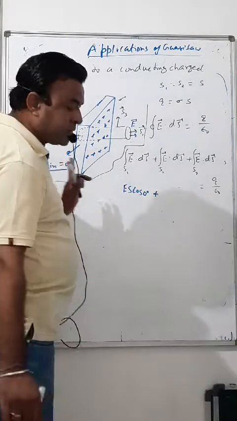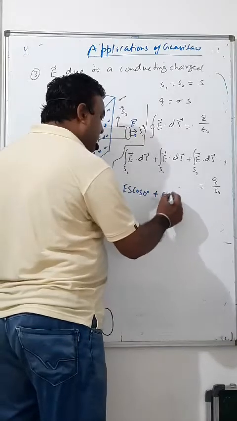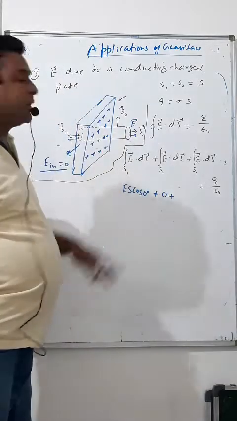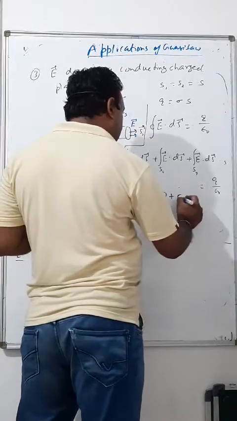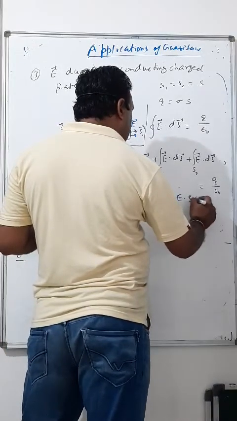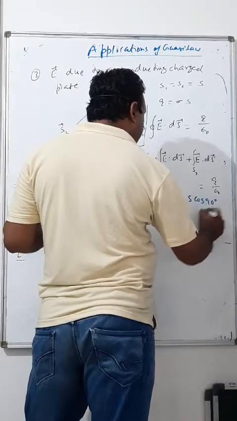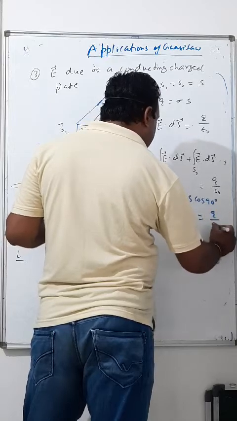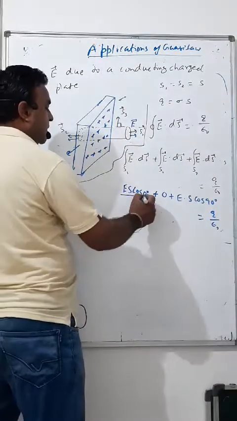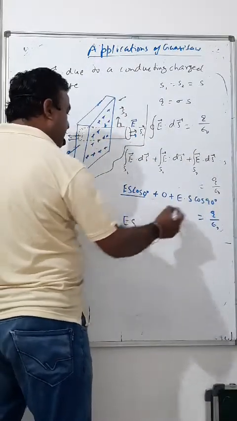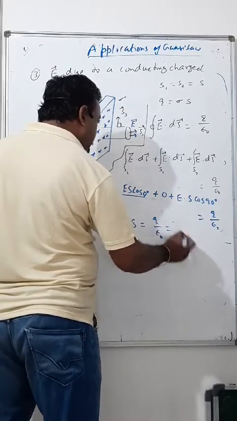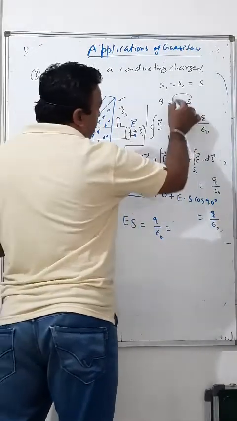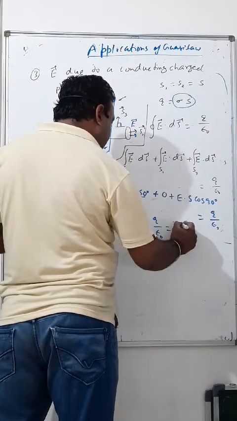There is no question of angle, actually E is itself 0. For the third surface, the angle is 90. It is ES cos 90, which is 0, equal to Q by epsilon naught. Q is what, this sigma is.